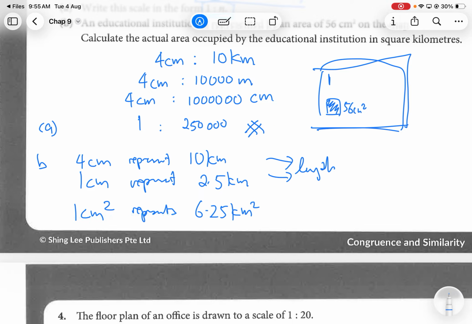Scale factor of length just multiply by 10, but the area expanded by 100 times, not 10 times. So we cannot use the same scale factor to find area. Can see, right? At first, the side only times 10. But then the area itself is 100 times, no longer 10 times.